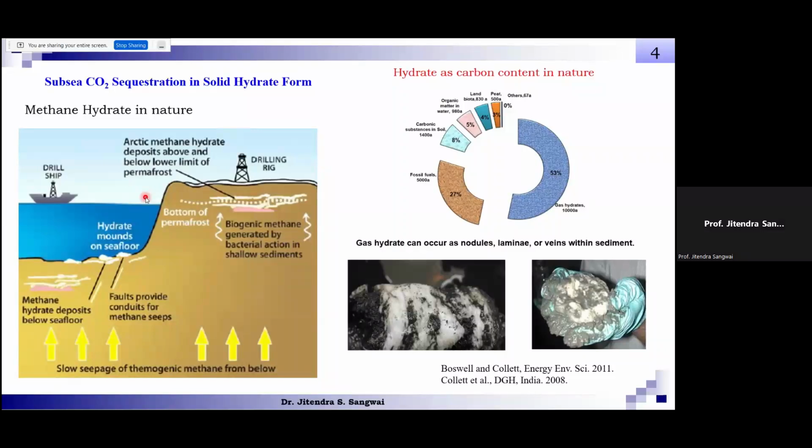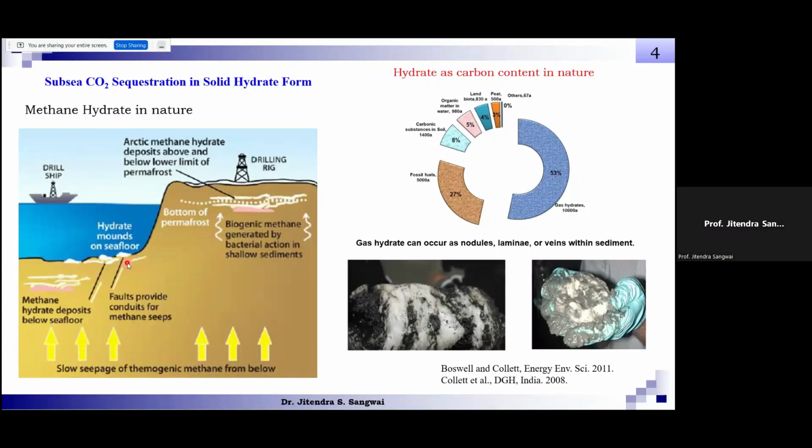Now one has to understand how this methane comes. The methane might have come the thermogenic way, where methane might have shifted from below the earth's crust, or it can actually be biogenic methane, which can be secreted toward the surface of the earth at the ocean. And most of this methane gets accumulated in the form of hydrate.